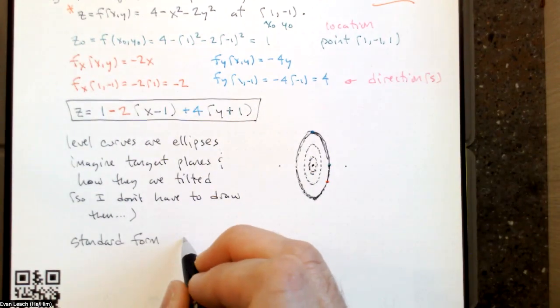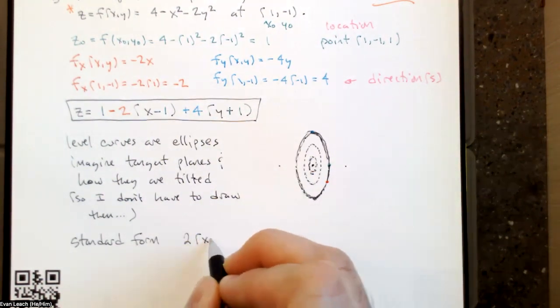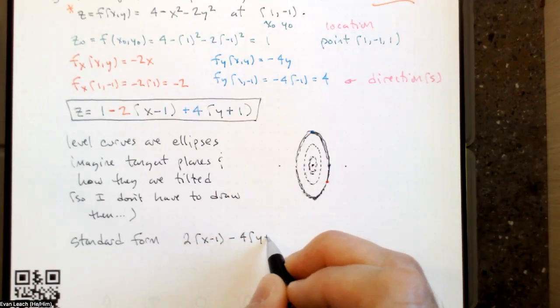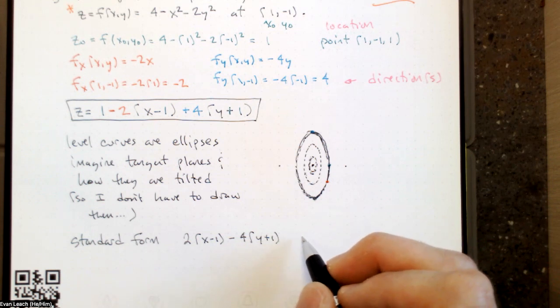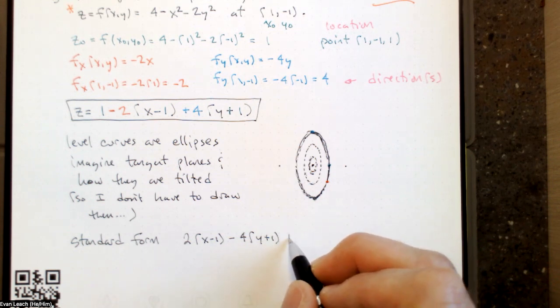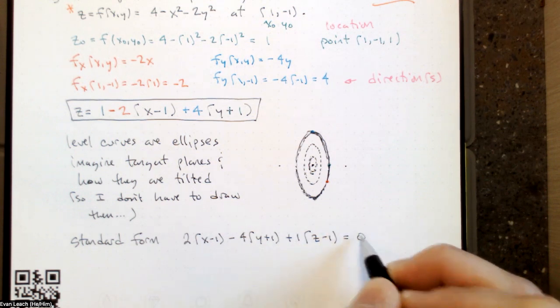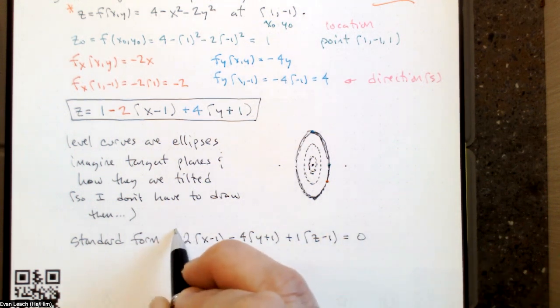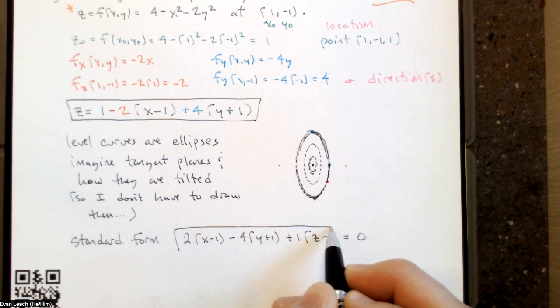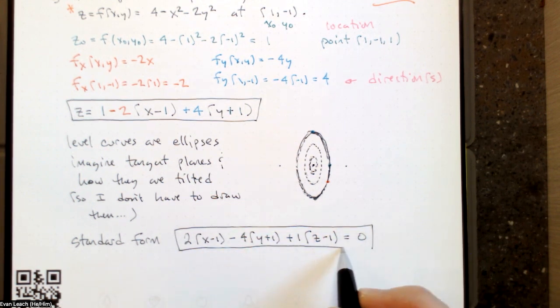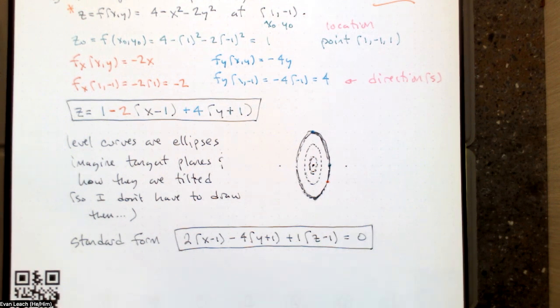So I'll have 2x minus 1 minus 4y plus 1, and then I'll have z minus 1, so plus 1 times z minus 1 equals 0. We still see the same location.